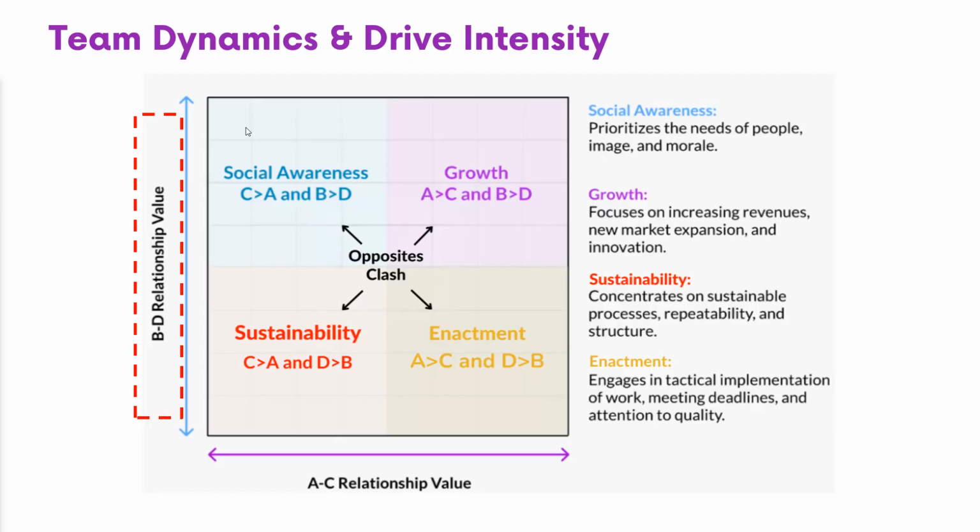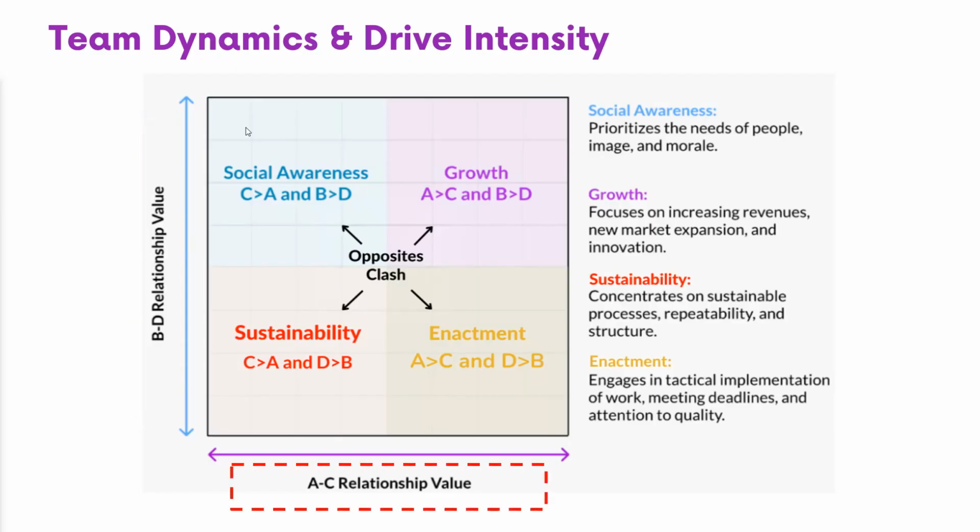Now, when you look at the x-axis, we're talking about the AC relationship. So in the bottom left-hand quadrant of sustainability, the C drive is going to be greater than the A, but as you move to the right of the graph, you're going to find that A starts to increase higher than the C drive. That becomes the AC value, but again, you also have the BD relationship.